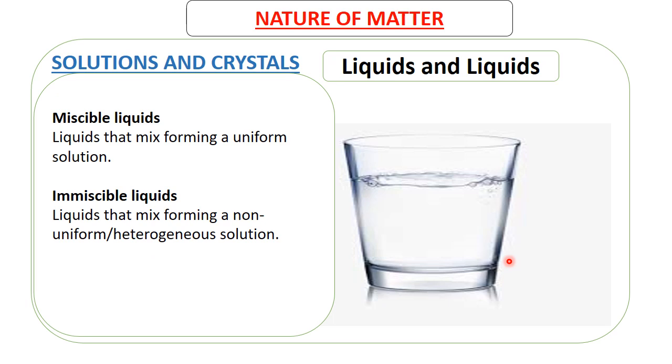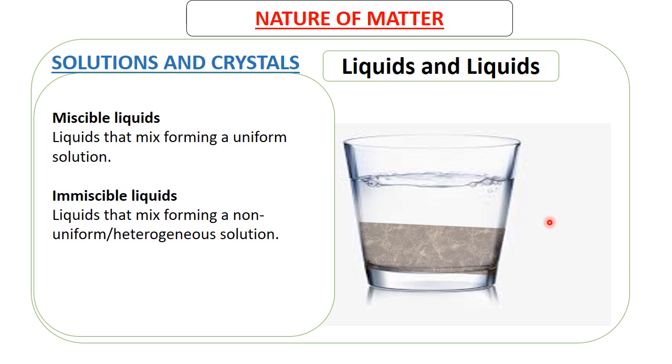So to give you a picture of how you can tell that these liquids are immiscible or miscible, the resulting solution will look like this. There will be a layer like this one here, which will tell you that this is something else, and the top layer which will tell you that this is something else.